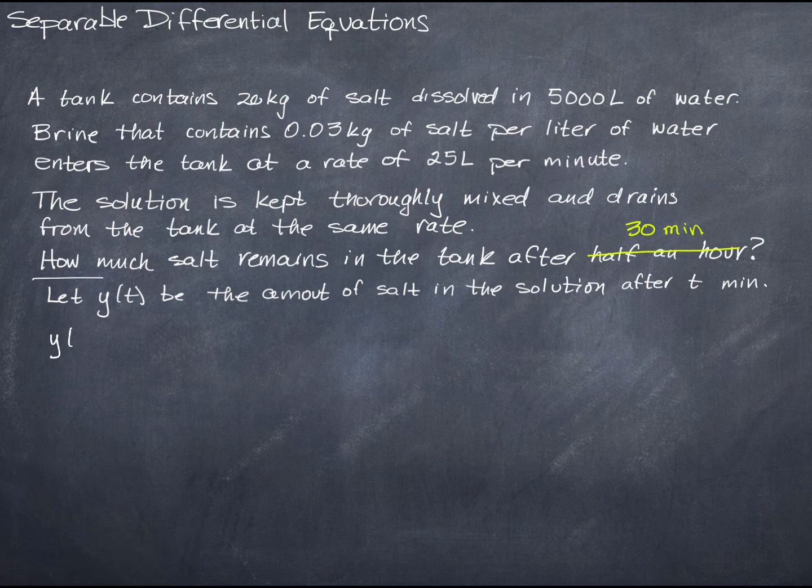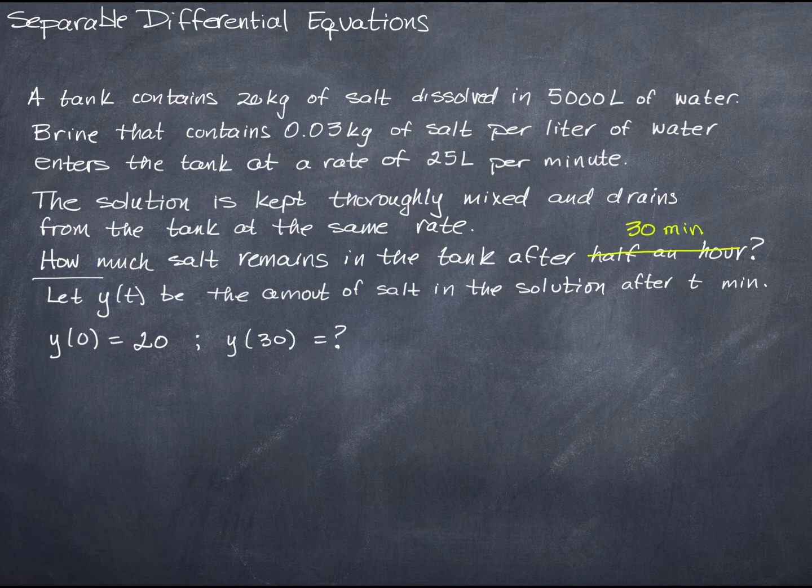When we first begin this experiment, we're told that a tank contains 20 kilograms of salt. That's the beginning of our process. Brine that contains salt enters the tank, but at the moment that we begin, the tank contains 20 kilograms of salt. So y of 0 equals 20. What we're looking for is y of 30.